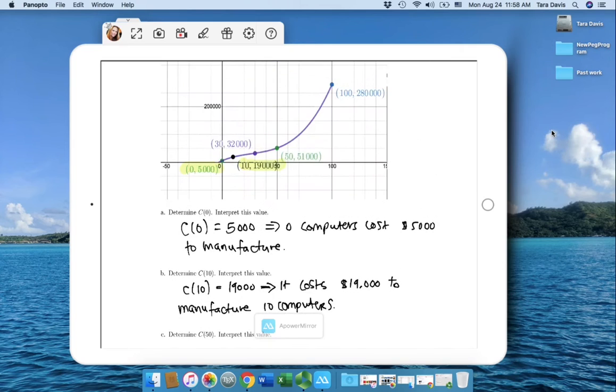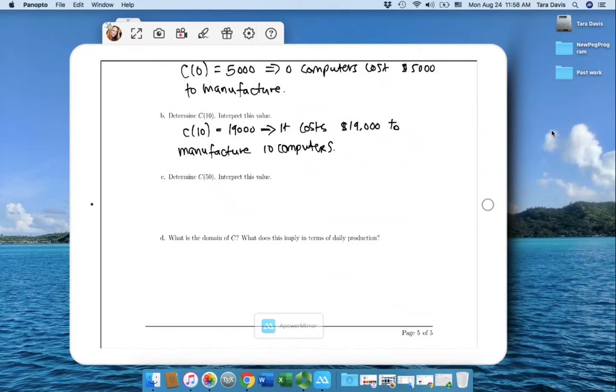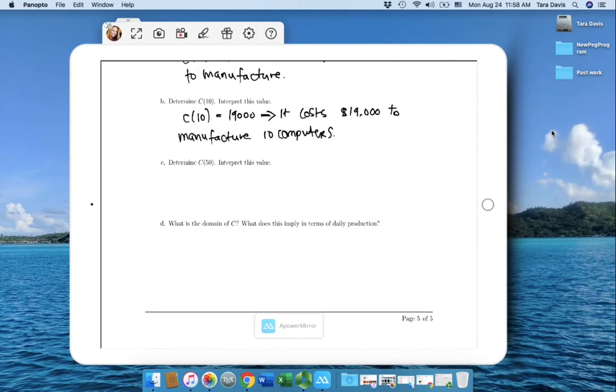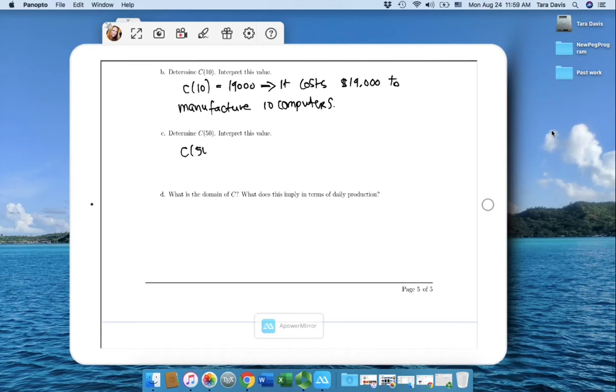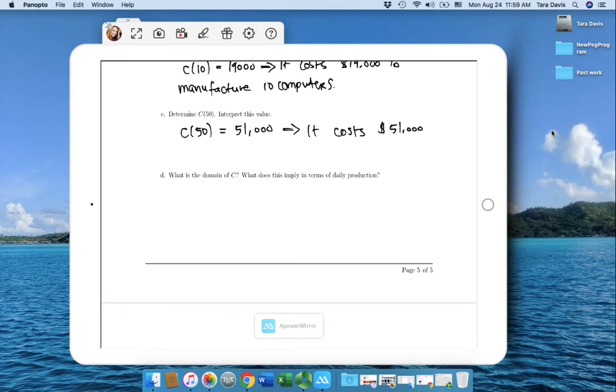Okay, C of 50 is here. So C of 50 is 51,000. And then I think you're seeing the pattern, so that means it costs $51,000 to manufacture 50 computers.